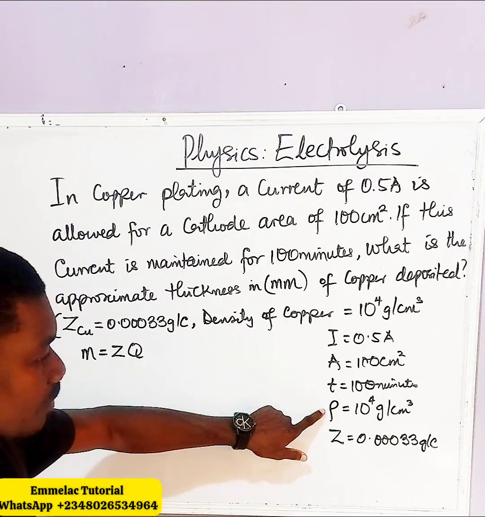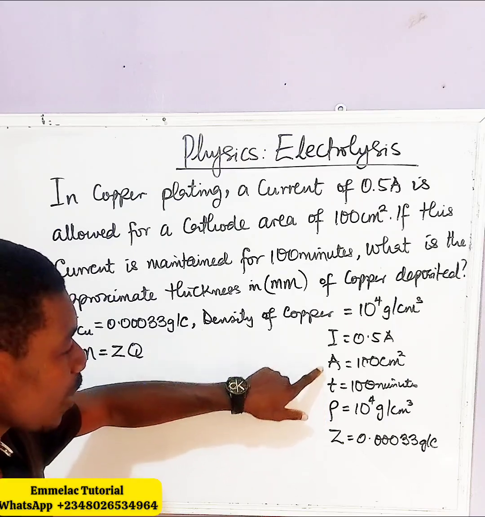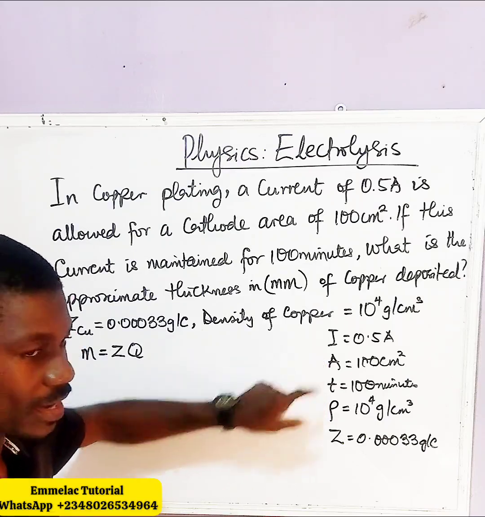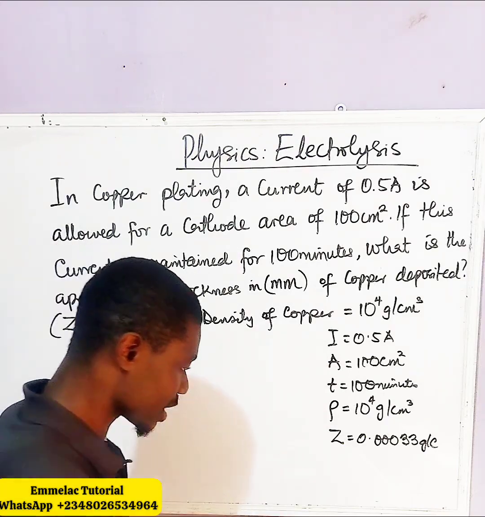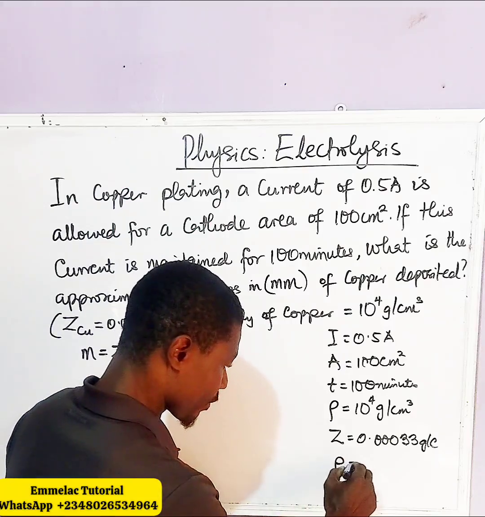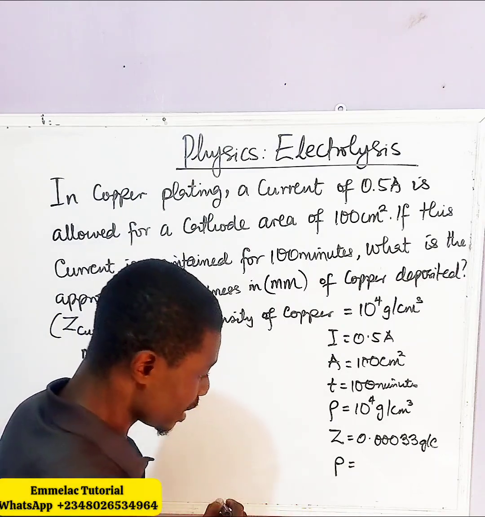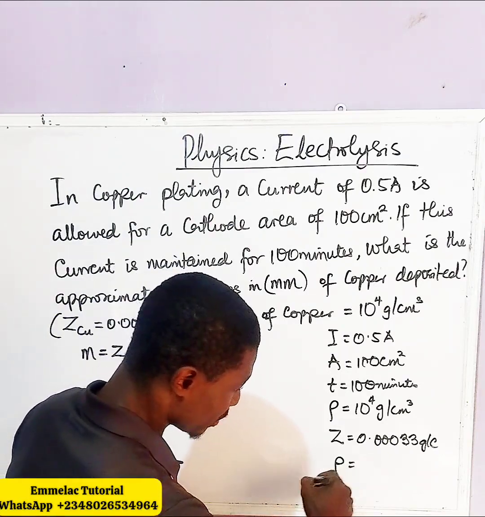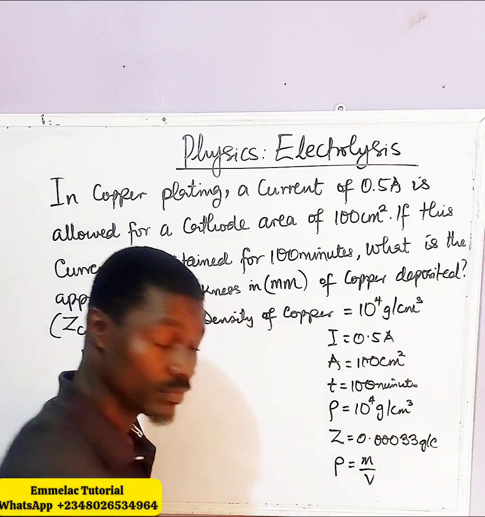Now, since here we have the density and we have the area, and here we have mass. Let's take note that the density itself, rho, is given by mass over volume.